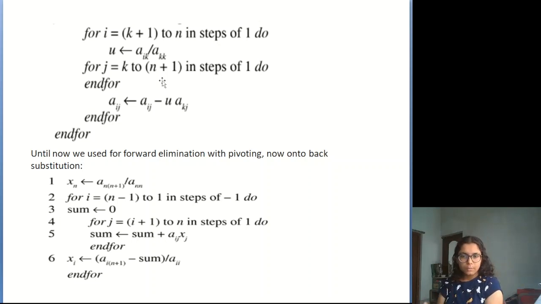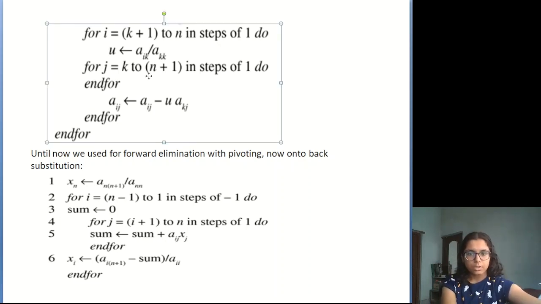We have taken all the positions, and now we have all the coefficients, so we will divide them and get our desired constant to generate the equation. As you can see here, for i equals k plus 1 to n in steps of 1 do, we have created the constant.